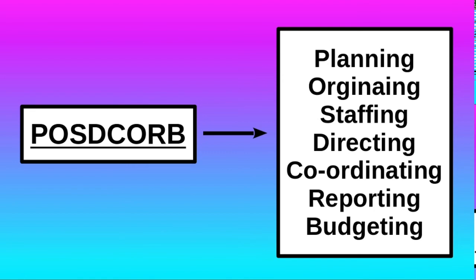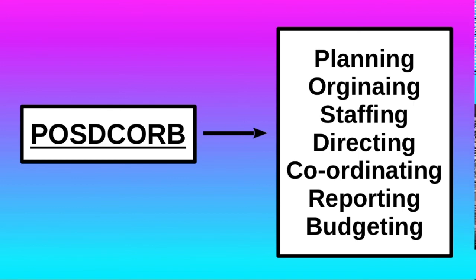If I say it in simpler language, in planning, if we are starting any work, we'll plan how to do it and what we'll do. After that we'll organize the things we need in that work, and after that we'll keep some staff, some experts or some people on our work so that they can do the work and we'll get more help.